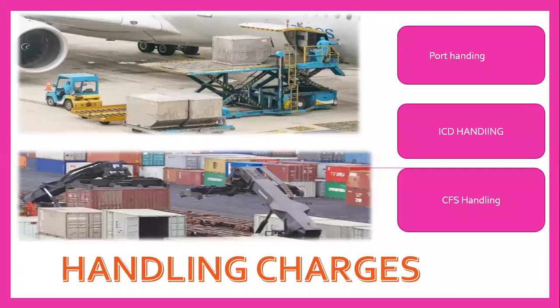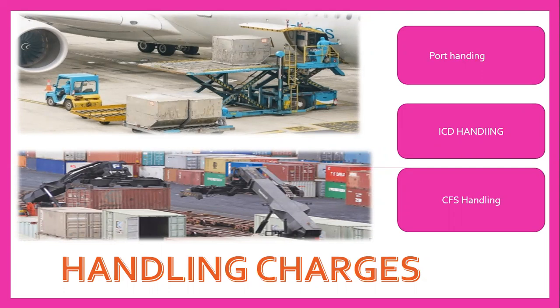In some cases you have seen that once the cargo is received at the airport and the airport custodian has it, there is movement of the cargo from the warehouse to the airline. So this movement is also part of handling. These charges also apply when the CHA and freight forwarder send the bill, so these charges also need to be paid.